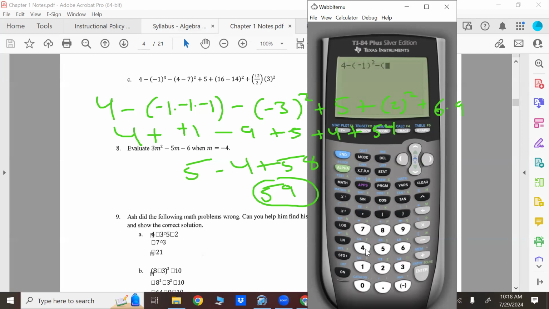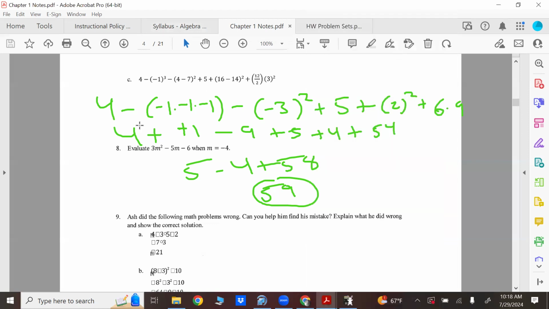And of course you could punch it in wrong too. That's totally possible. There we go. So the calculator does order of operations, all it knows. So we know we did it right.